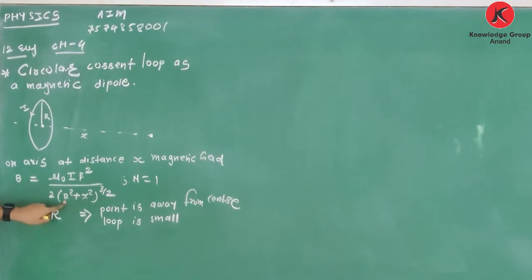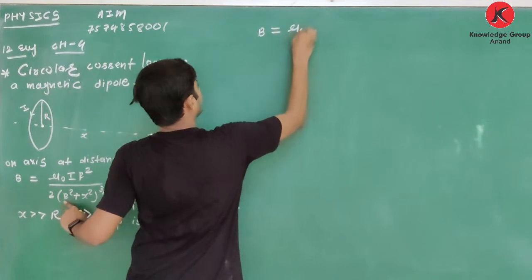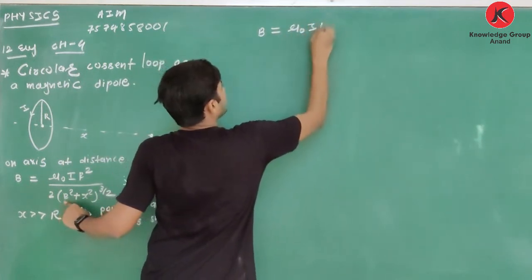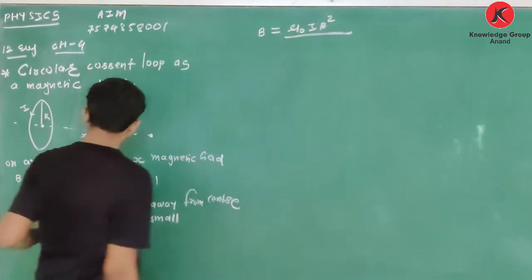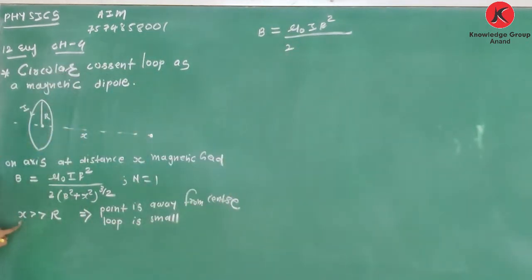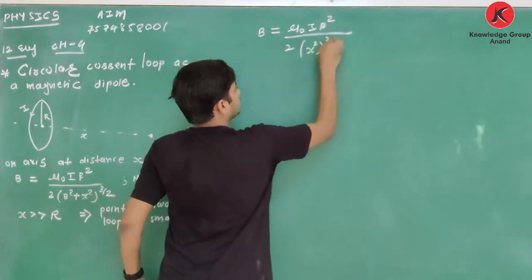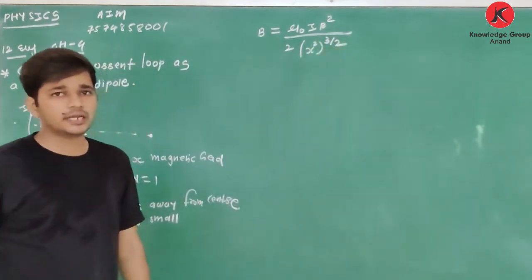Then how to write the equation? B is equal to the numerator as it is, mu 0 I r square divided by 2. Since x is very much greater than r, put r equal to 0, then you will get x square raised to 3 by 2. Clear about this?